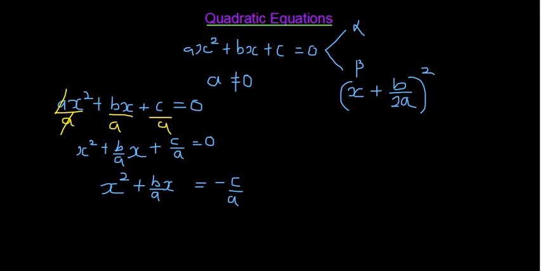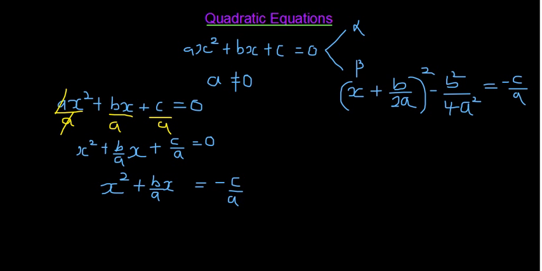If I expand this, I am getting x squared plus b over a x plus b squared over 4a squared. In order to get rid of the extra b squared over 4a squared, I am subtracting it. Already on this side we have minus c over a.